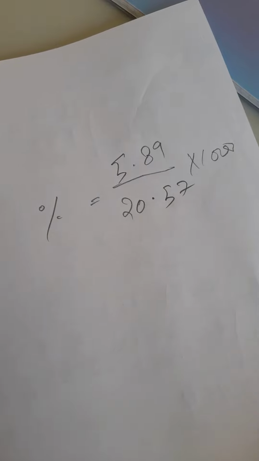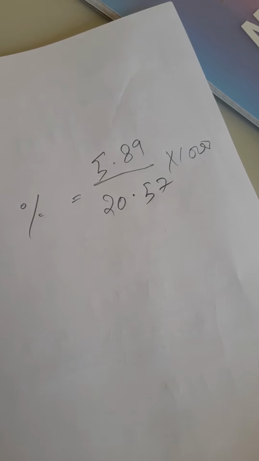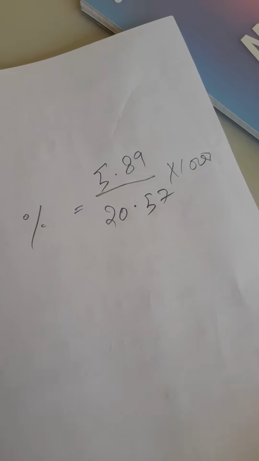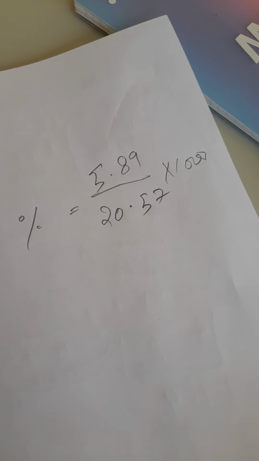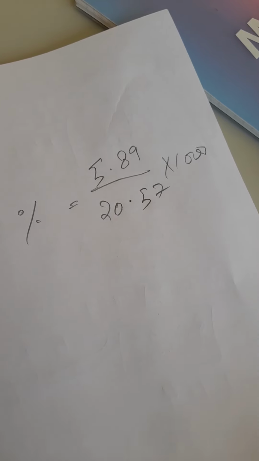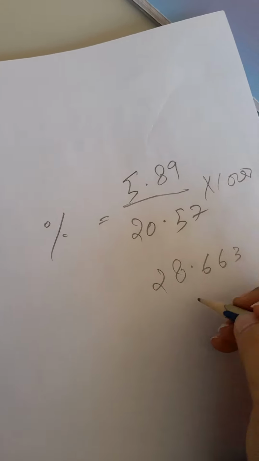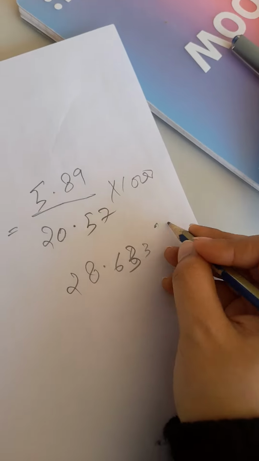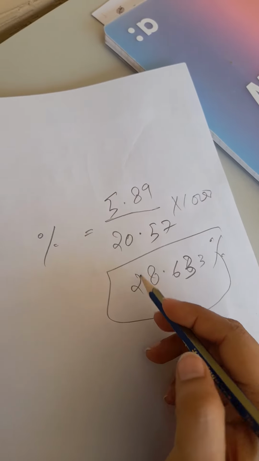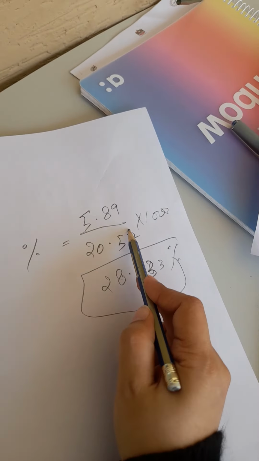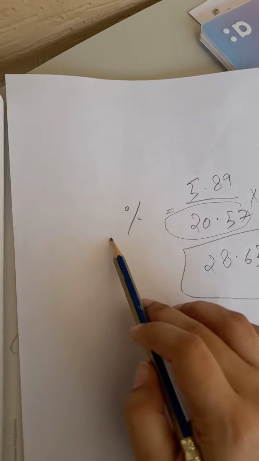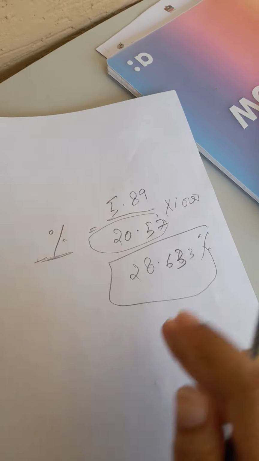So you will have 5.89 divided by 20.57 times 100. You will have 28.633% yield. If in the question only you need to calculate the theoretical yield, this is the answer. But if you have to calculate the percent yield, you have to put in the formula.